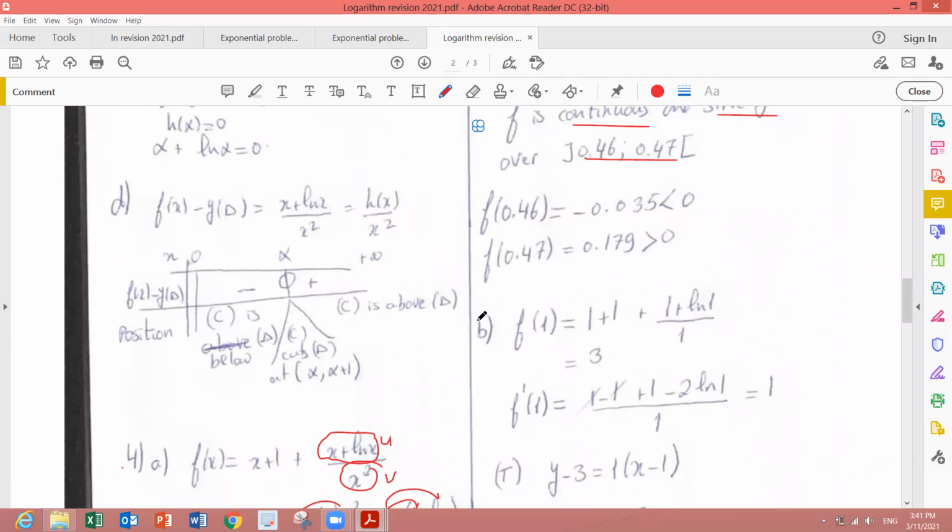So the equation of the tangent: you know that y minus ya equals slope into x minus xa. Now, xa is 1.